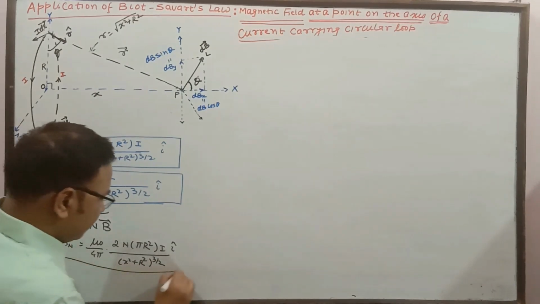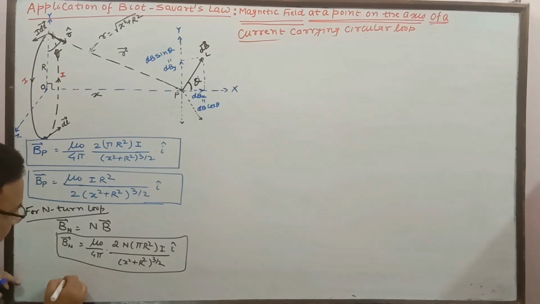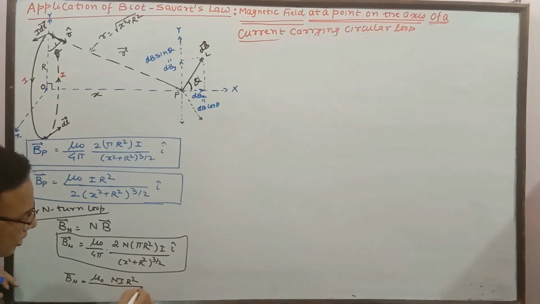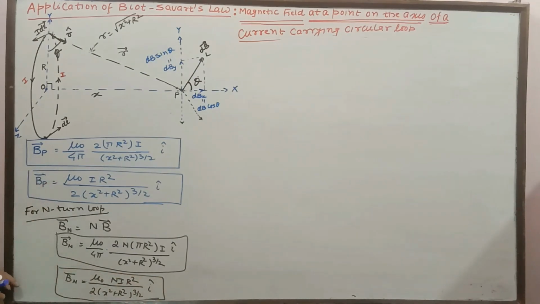This is one of the forms, and after cancelling this pi, the same thing can be written as Bn equal to mu naught n I r square divided by 2 times x square plus r square whole 3 by 2, I cap. This is for n turns and the earlier one for a single turn.